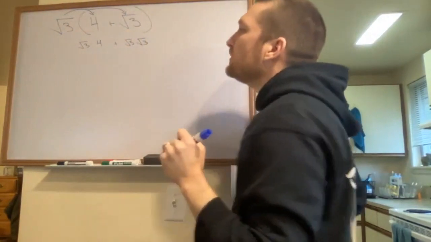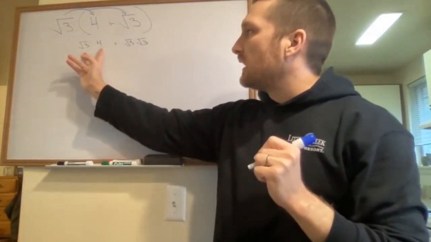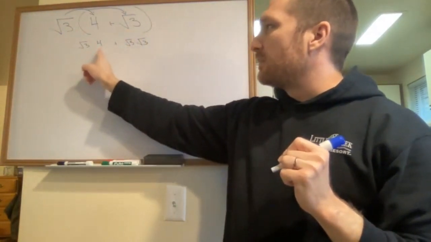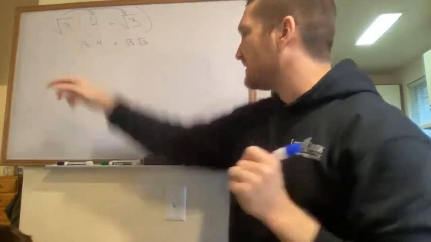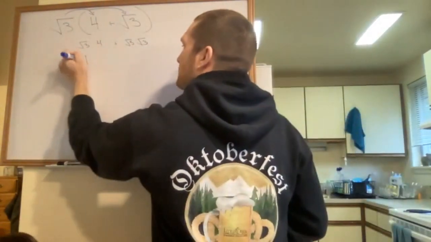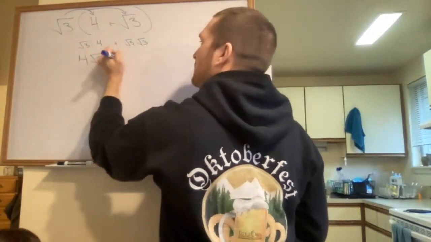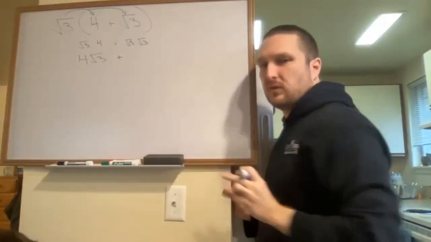But what we usually do is we like to write numbers that aren't square roots on the left-hand side. And so we would write this as 4 square root 3 plus, what's the square root of 3 times the square root of 3?